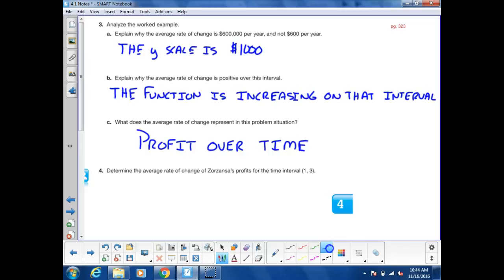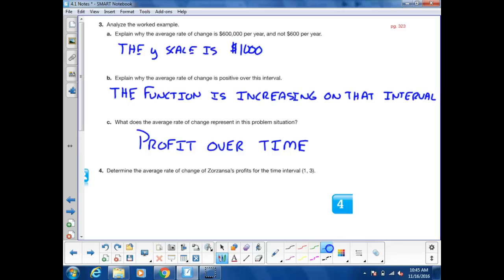I'm trying to think what else. Miles per gallon. Is it one where it doesn't involve time? Right? With me? Okay? So, my task for you now and your shoulder partner is determine the average rate of change for Zorzanza Zena Pizza's profits over the time interval from 1 year to 3 years.